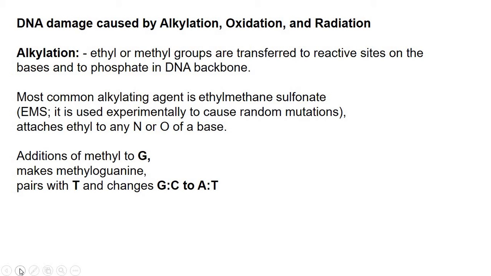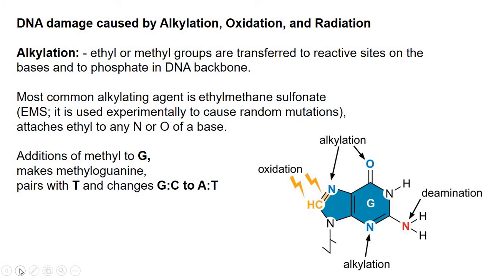This can also occur by alkylation or oxidation and radiation of DNA. And we talked about EMS, the most commonly used alkylating agent in the labs to cause random mutations in DNA. Methylation of guanine, or formation of methylguanine, also affects the sequence of the DNA molecule, because it pairs with T, and that will lead to a change from GC to AT. So if these damages aren't repaired, then that becomes a mutation eventually.